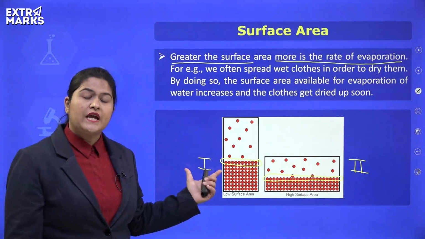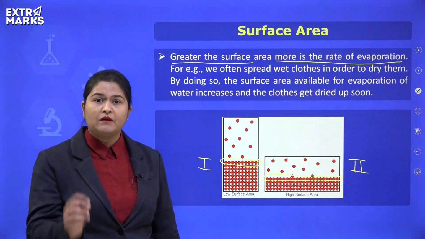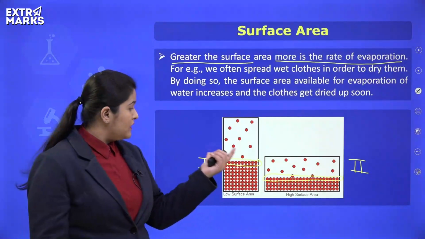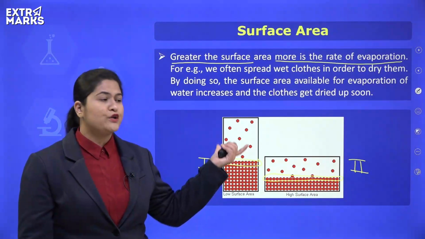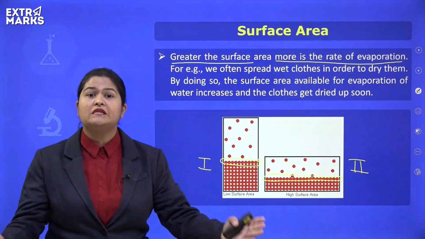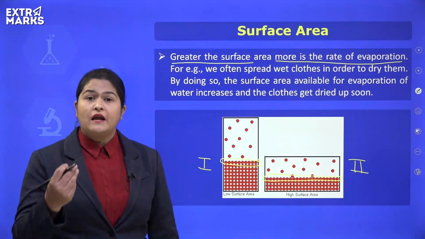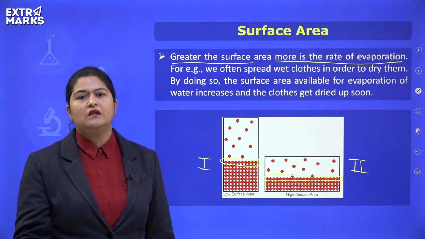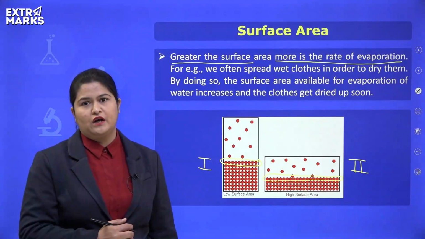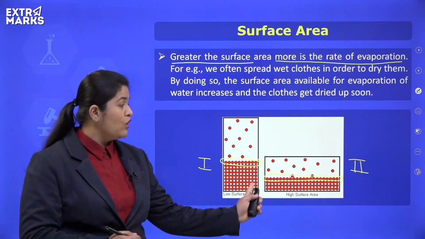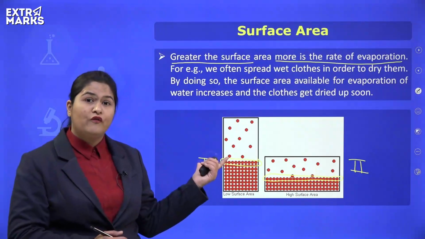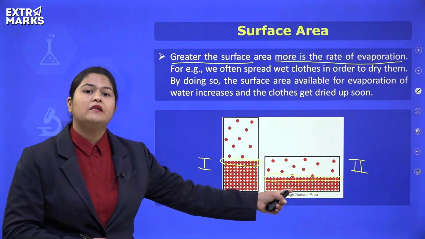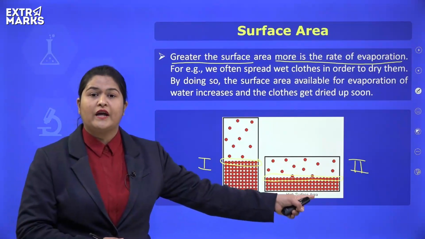So, in the first case, at one instance, only around 10 particles are able to take part in the process of evaporation. But in the second case, due to the increase in the surface area, more particles are exposed to the external environment, and hence more than double the particles as compared to the first case will take part in the process of evaporation at one time.